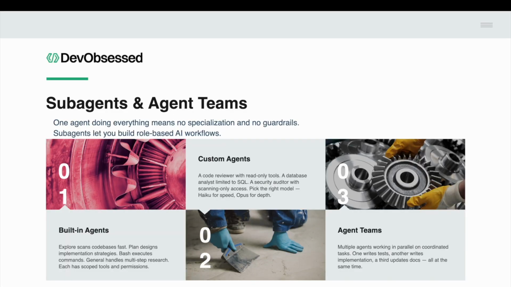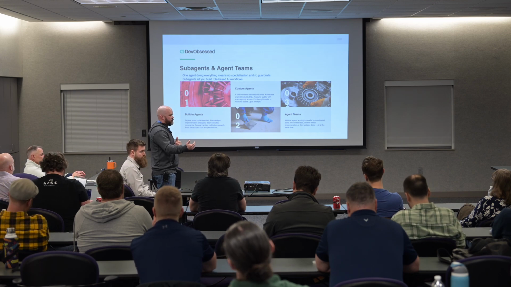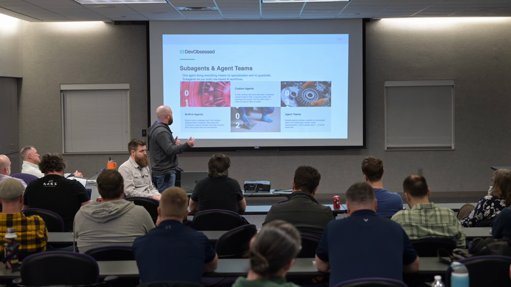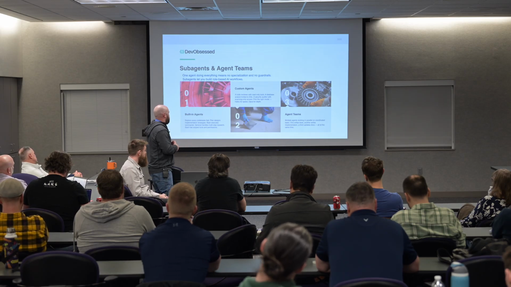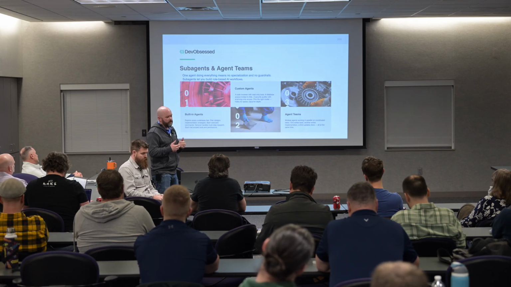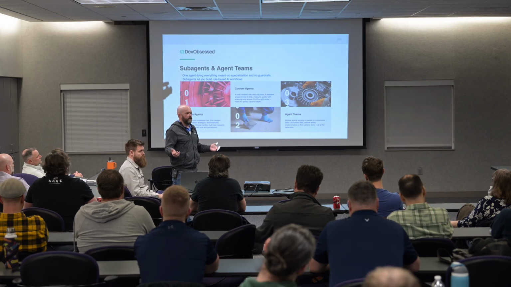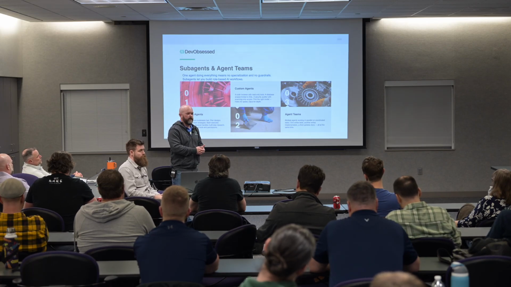So we talked about skills earlier, defining maybe that code review, defining some of those security things you would be looking for. Why we can do multiple things there is we can create a sub-agent that has access to those same skills, and now we can delegate that and have that run in the background. The other thing we can do with this is maybe I don't want to burn the tokens of using Opus 4.6 with everything, right? What if I'm just writing some simple documentation?